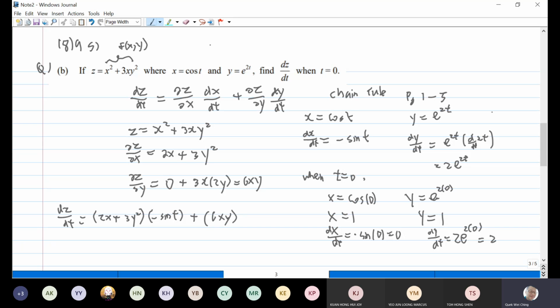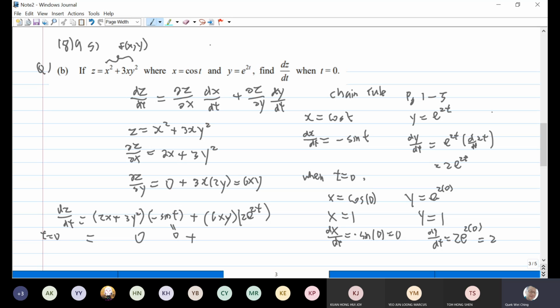And then dy dt is actually 2e power 2t, right? So put t equal to 0. So x equal to 1, and sine 0 equal to 0. So this thing is not counted anymore. Anything times 0 is 0.